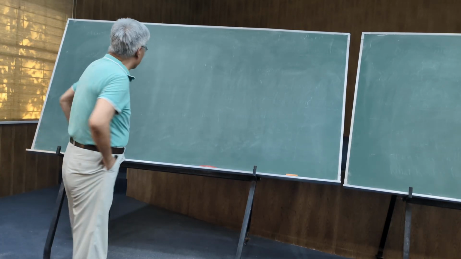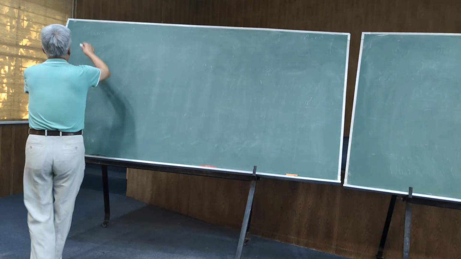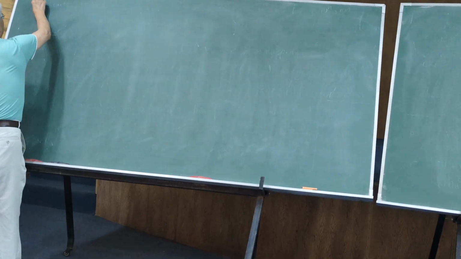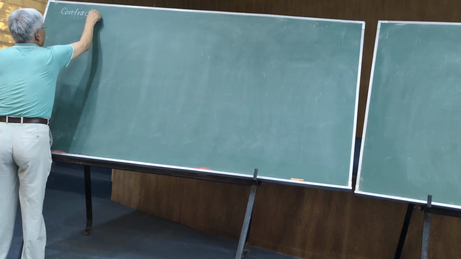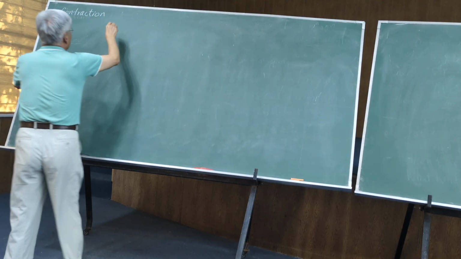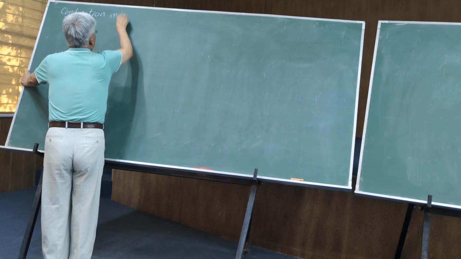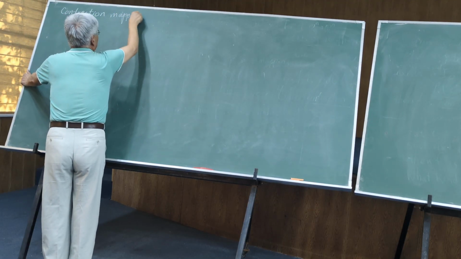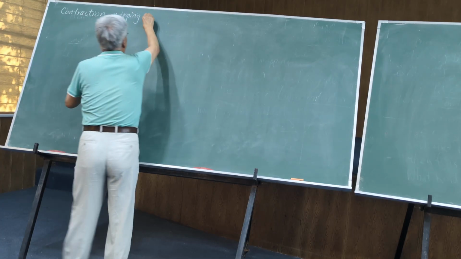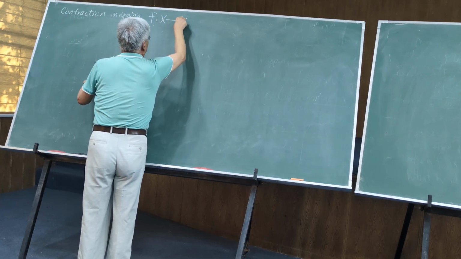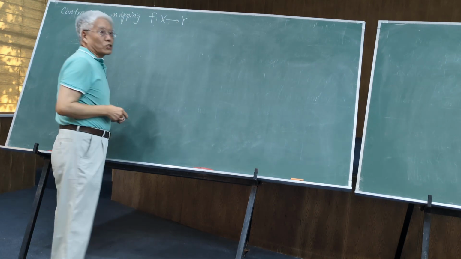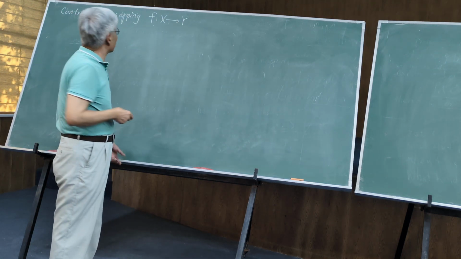So, contraction mapping, I'm going to write. X and Y are metric spaces. But this one has its own distance and that one has its own distance.